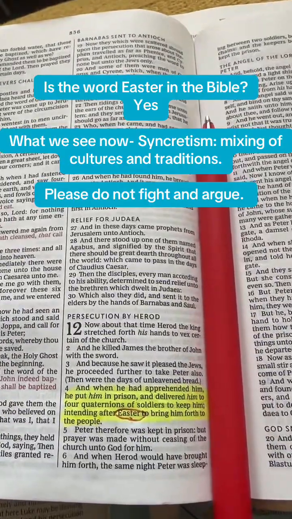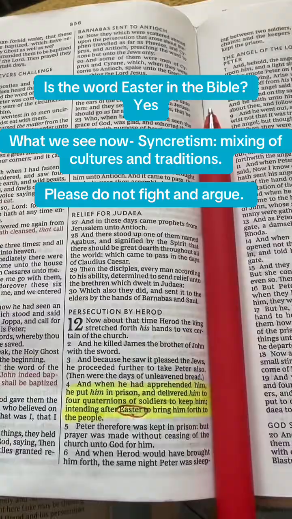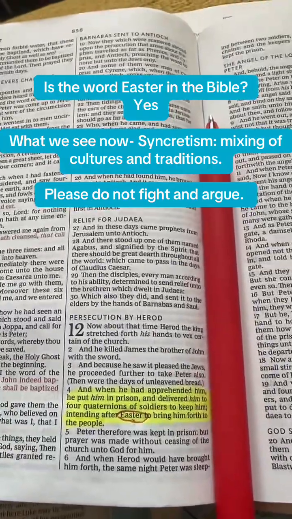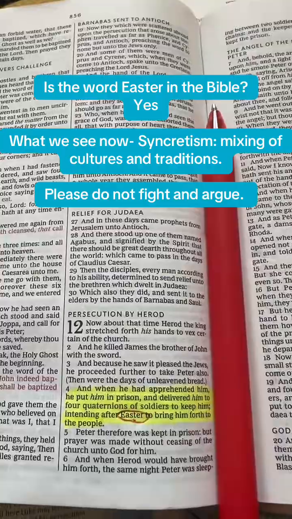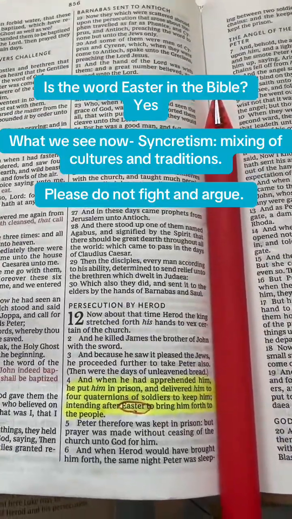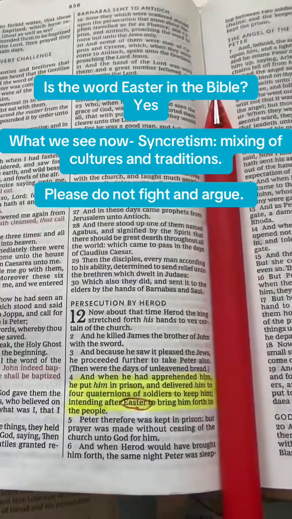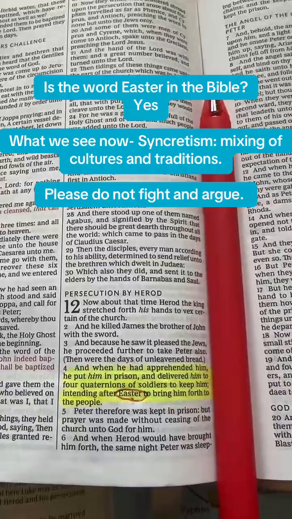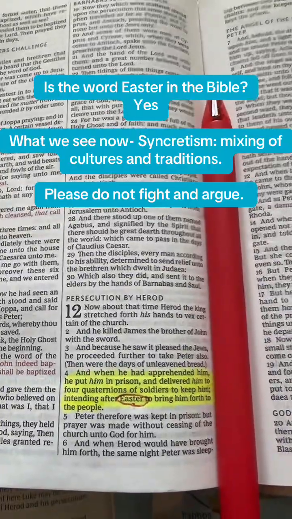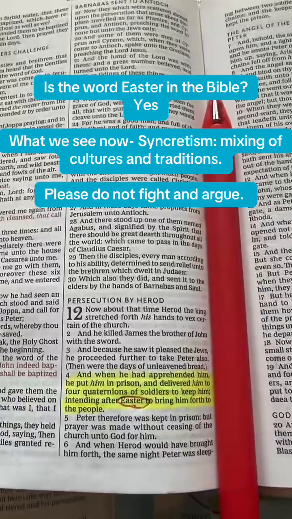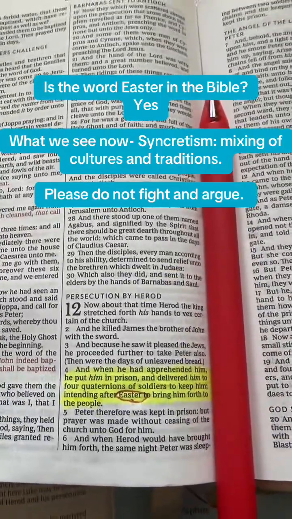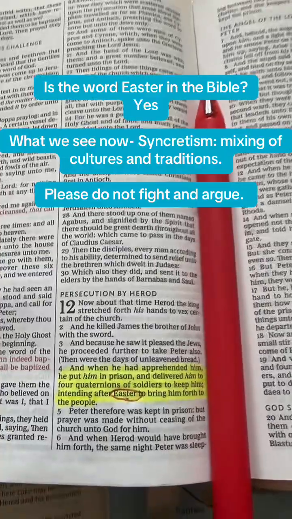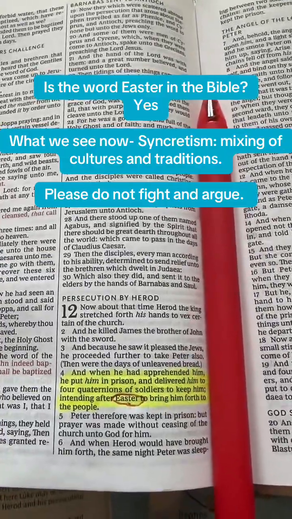And then we have the cultural customs. Everybody doesn't necessarily do the eggs and the rabbits and the baskets and the fertility symbols. And all of those come from European spring traditions. None of that has anything to do with the Bible. When you mix biblical truth with non-biblical customs, that is called syncretism.